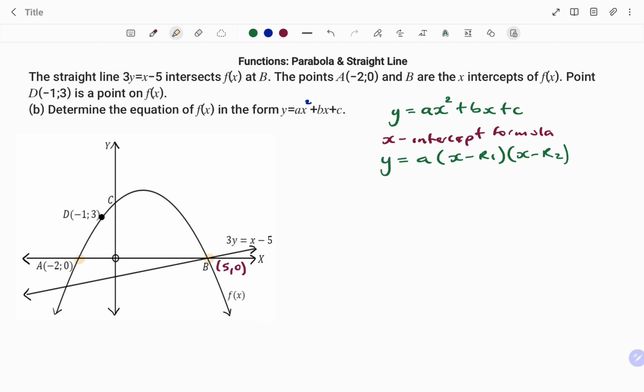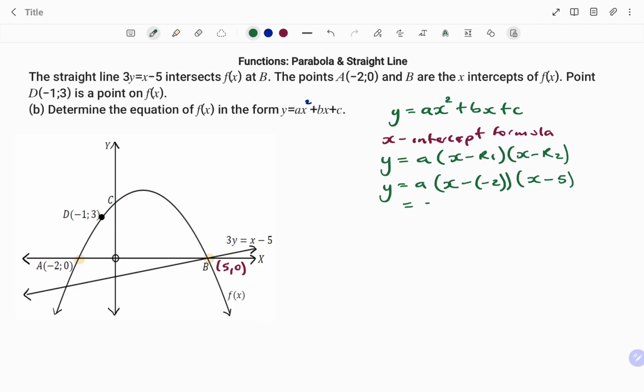So I have y equals a into bracket x minus r1, the first intercept, that's -2, so that is minus minus 2, multiplying x minus r2, the second intercept, that's 5, so that is minus 5.